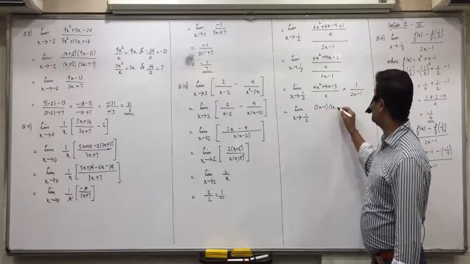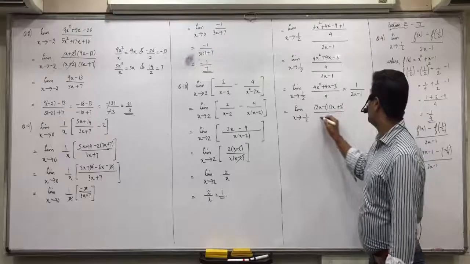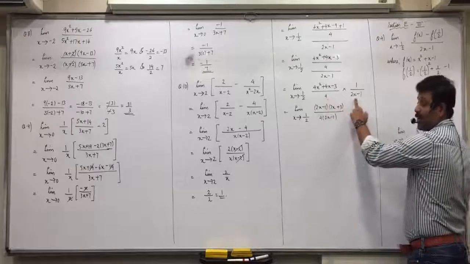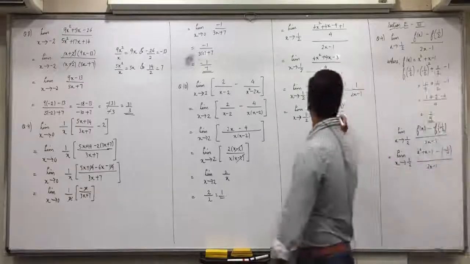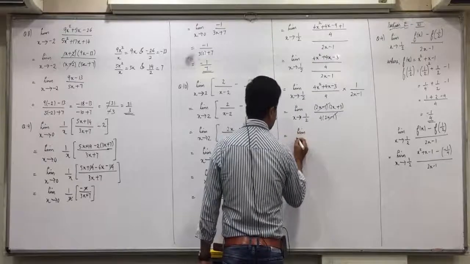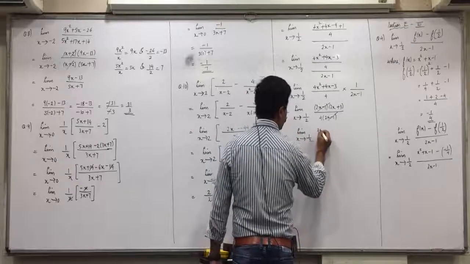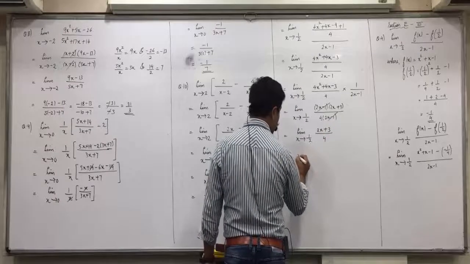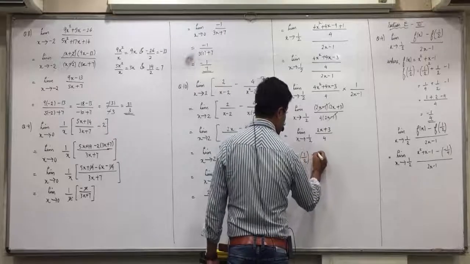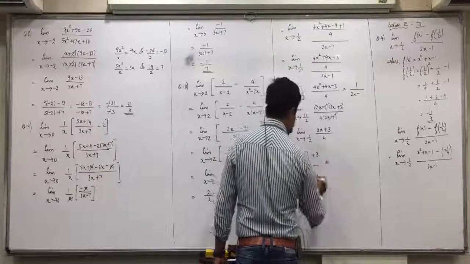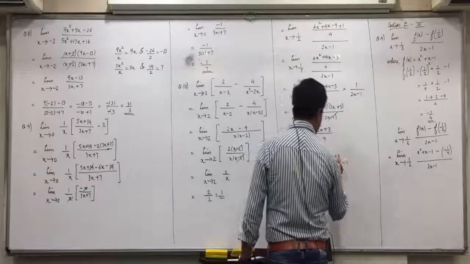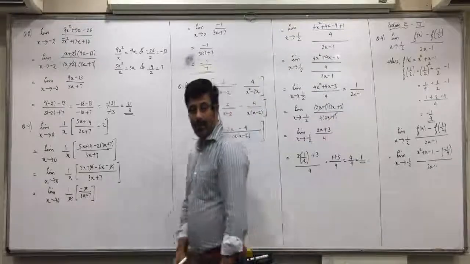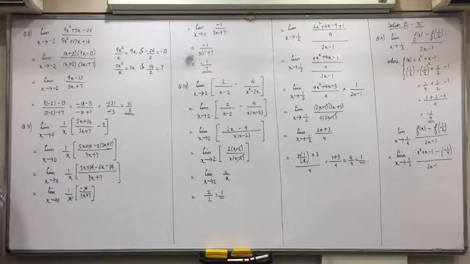Minus 3 divided by minus 1, plus 3, upon 4 bracket 2x minus 1. Now 2x minus 1 gets cancelled. So limit x tends to 1 by 2, 2x plus 3 upon 4. Now we'll put the value, so no need to write limit. 2 into 1 by 2 plus 3 upon 4. 2 cancel, so 1 plus 3 by 4, 4 by 4, 1. So everyone is clear with this? Okay?